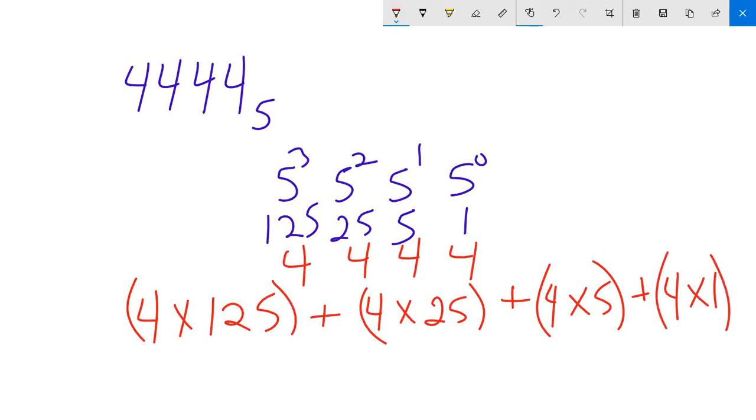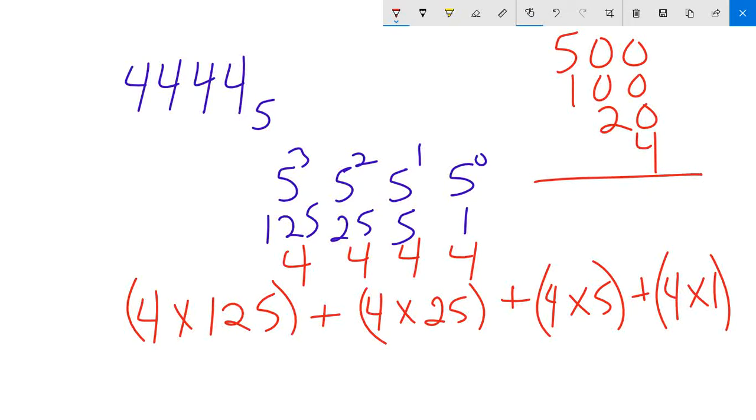Now I'm just going to add these all up. 4 times 125, let's see, 125 twice would be 250, and then double that again, that should be 500. 4 times 25, that's 100. 4 times 5, that's 20. And 4 times 1 is 4.